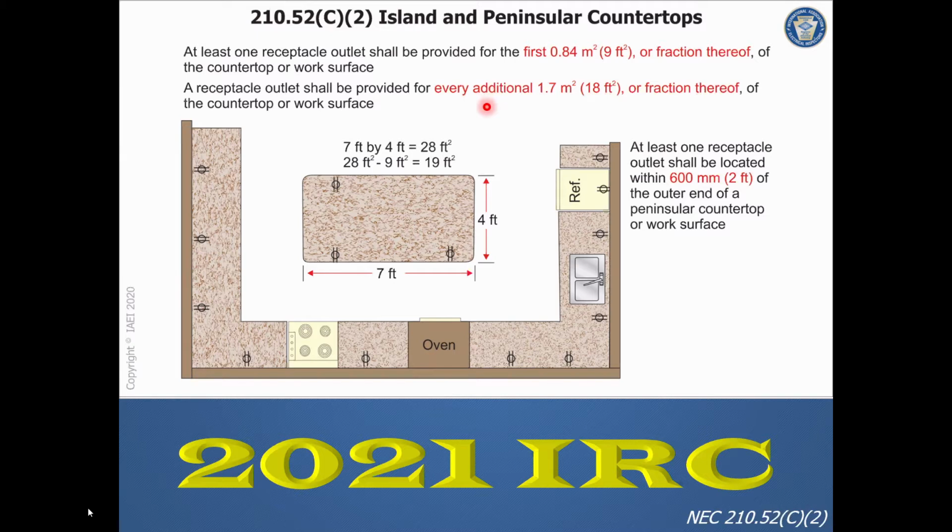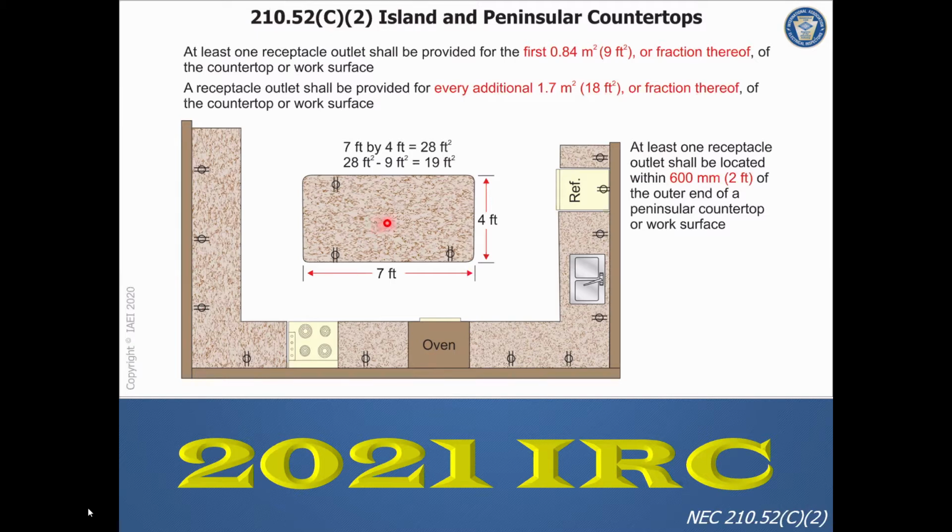So the first 9 square feet would call for what? One receptacle. The next 18 square feet would call for a receptacle. That would be what, 27 square feet? And fraction thereof would call for another receptacle. So for this 28 square foot island right here, it's going to take what? At least 3 receptacle outlets to satisfy this rule.